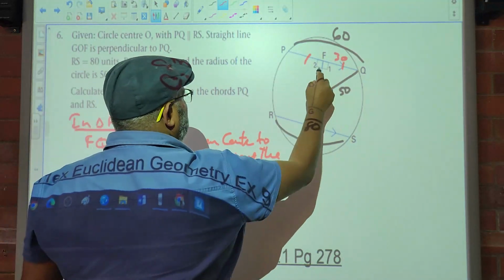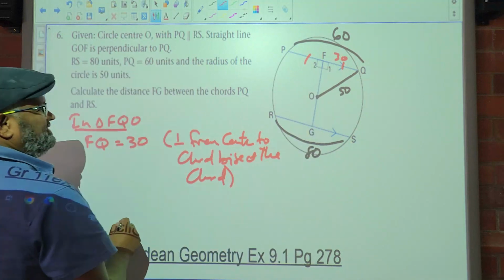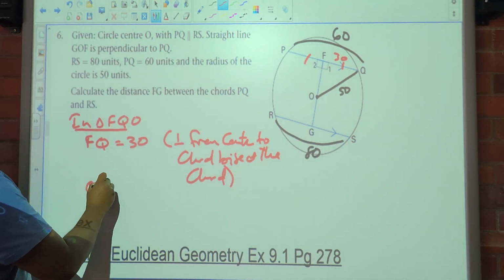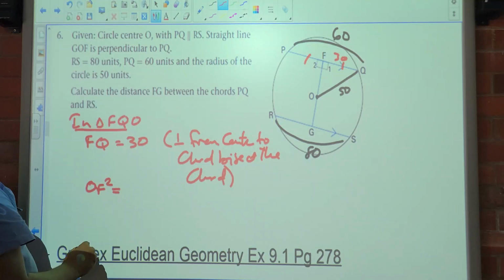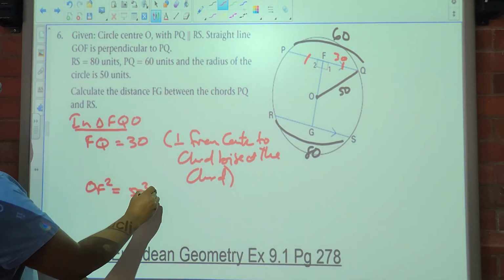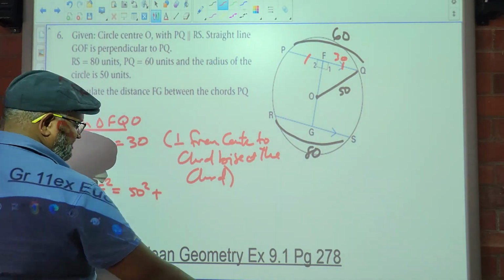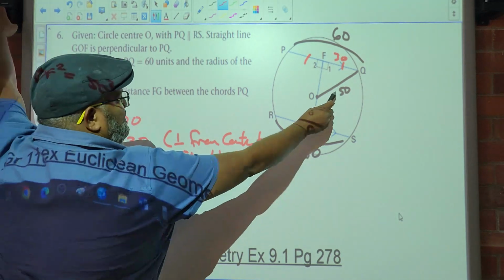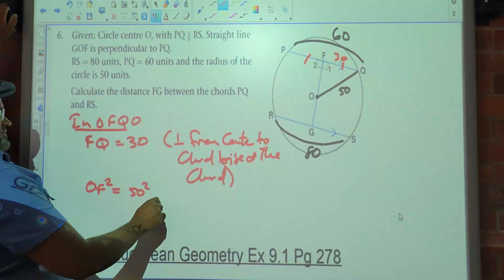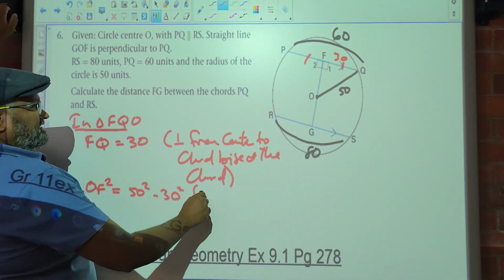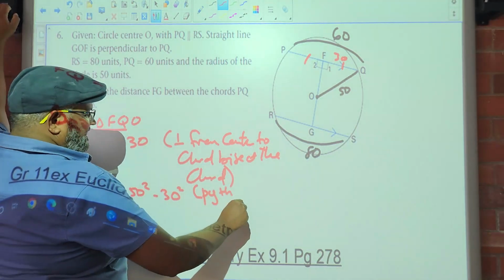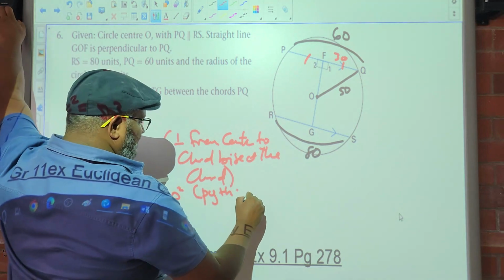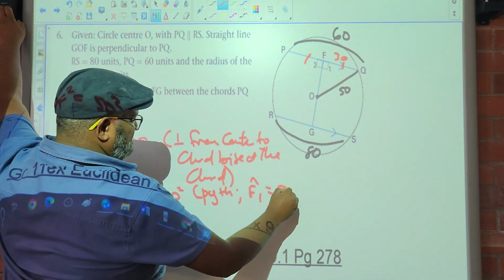Is that enough to conclude Pythagoras here? Yes. So OF squared is equal to 50 squared minus 30 squared. It must be minus because I've been working with the hypotenuse. Reason? Pythagoras with angle F1 equal 90 degrees.